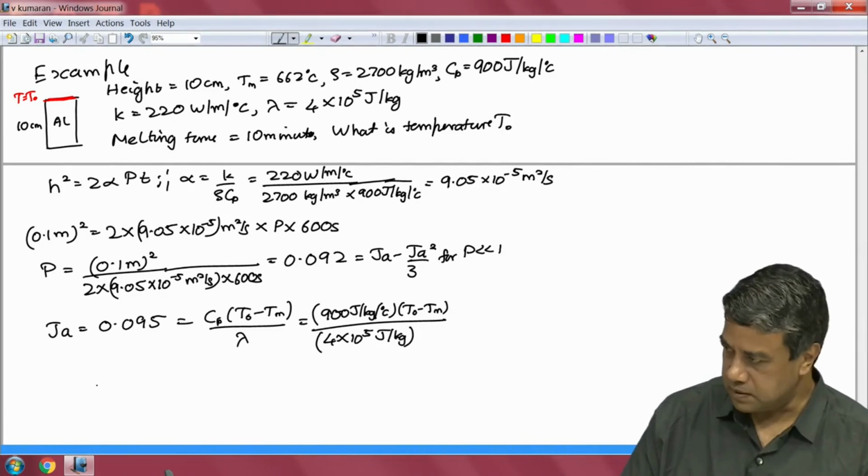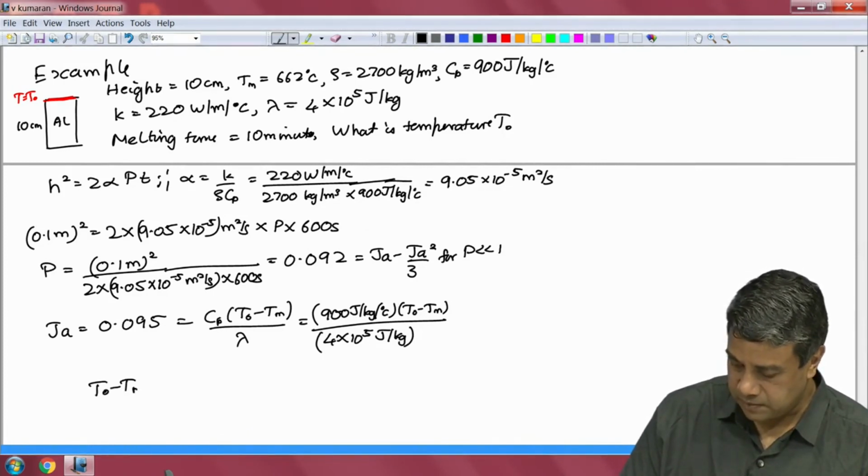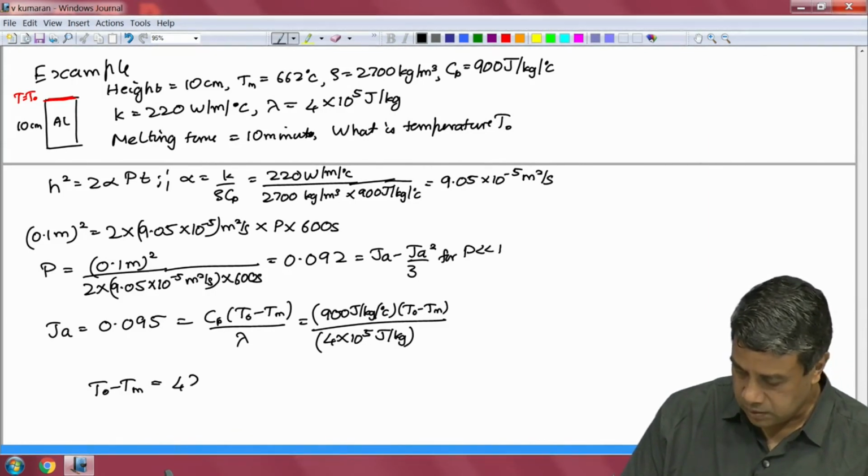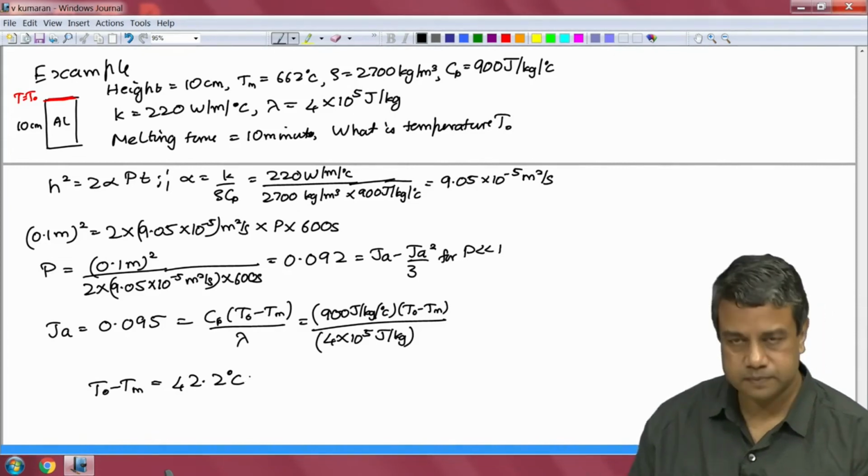And I can solve this to get T0 minus Tm equal to about 42.2 degrees centigrade.